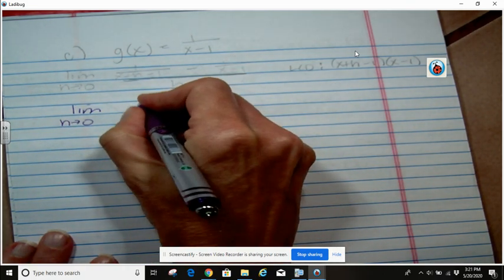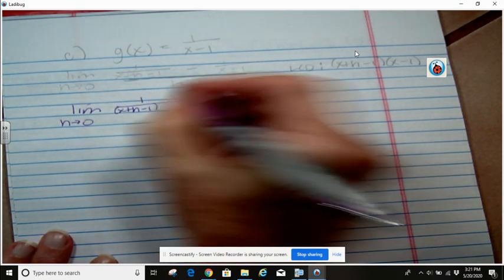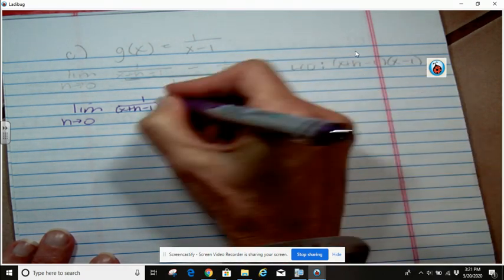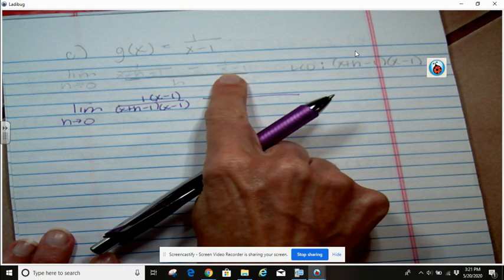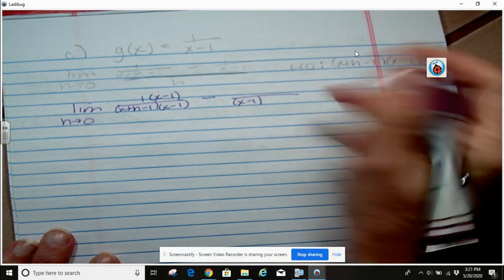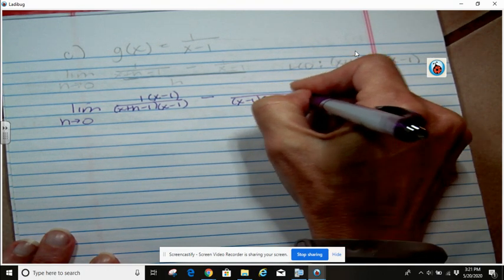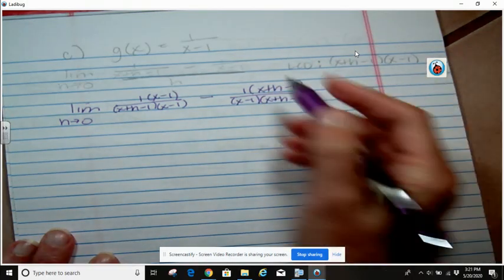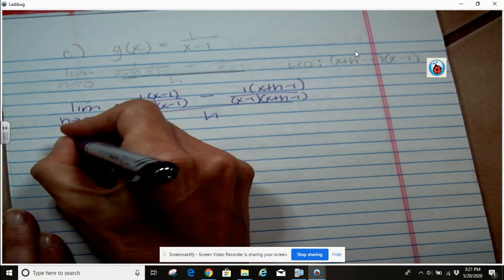In this first fraction, I already have x plus h minus 1, so I need x minus 1, the other denominator. And if I put it in the bottom, I have to put it in the top. In the other fraction up here, I already have x minus 1, which means I need the other denominator, x plus h minus 1. And if I put it in the bottom, I have to put it in the top. I haven't done anything with the h on the bottom because I'm not going to need to. All right, so let me just rewrite that.